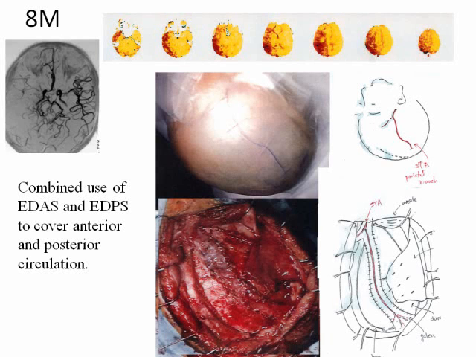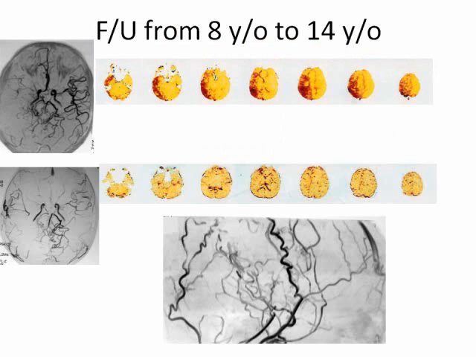So the craniotomy was extended to the posterior part of the temporal and the posterior parietal area, and EDAS and EDPS were applied in one craniotomy. Very good revascularization was induced from the STA, meningeal artery, and occipital artery.